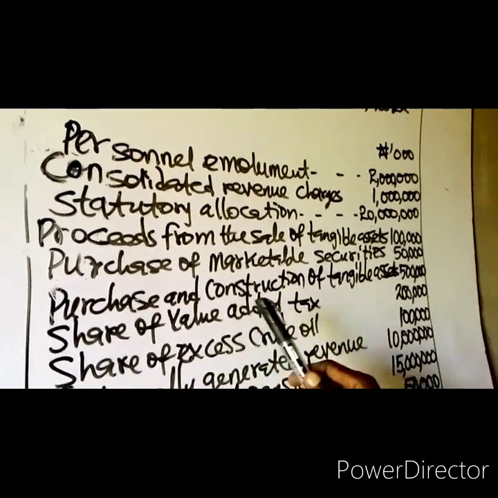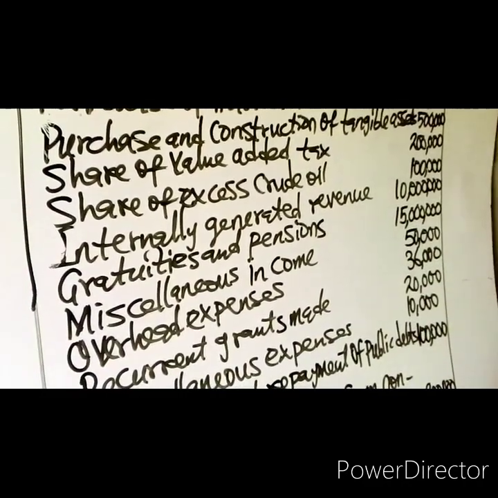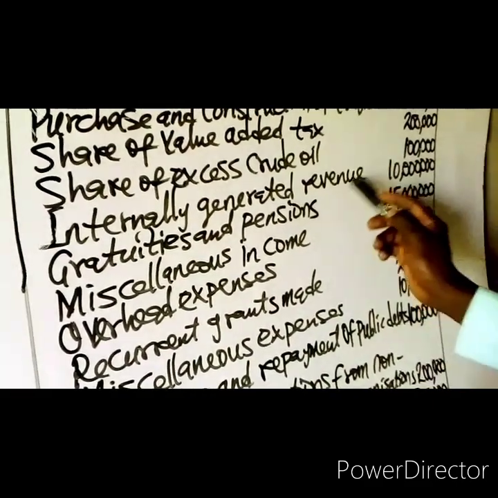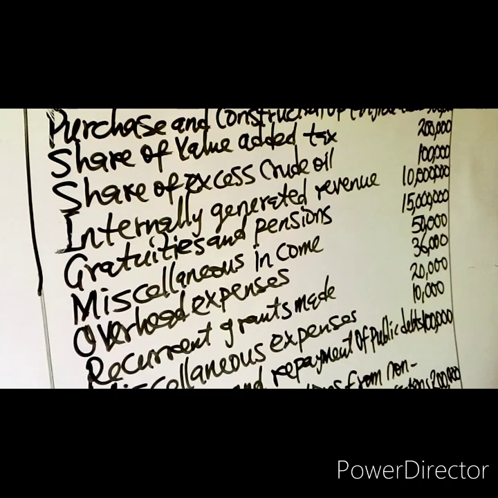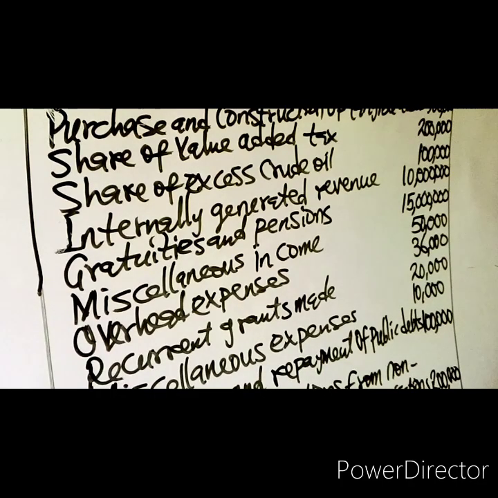Share of excess crude oil, 100,000. Internally generated revenue, 10 million. Gratuities and pensions, 15 million. Miscellaneous income, 50,000. Overhead expenses, 36,000.